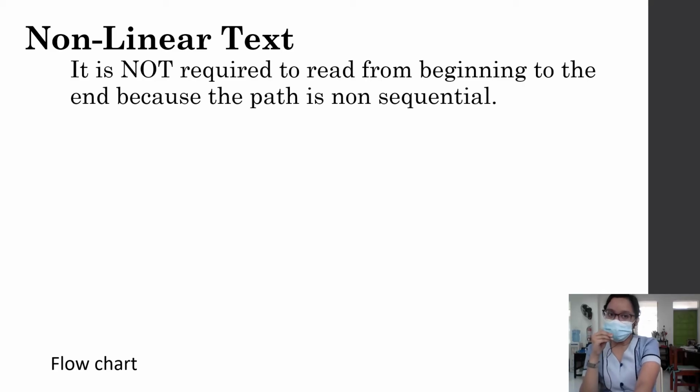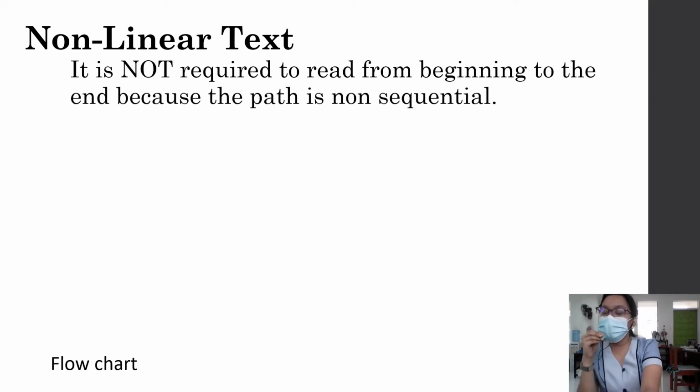So it's not. So it's called the opposite, non-linear text. This kind of text is not required to be read from beginning to the end because there is no path, and it is non-sequential, unlike the linear text before.